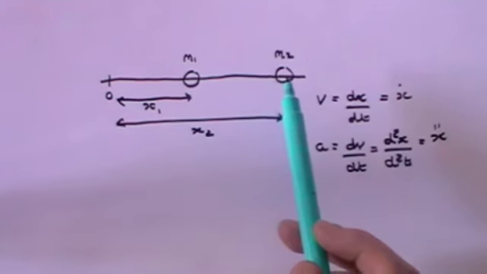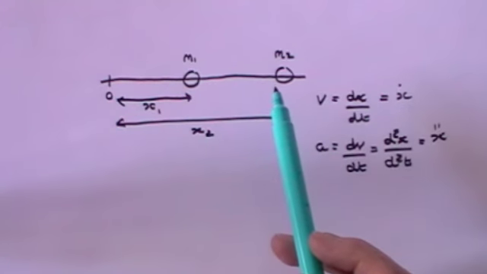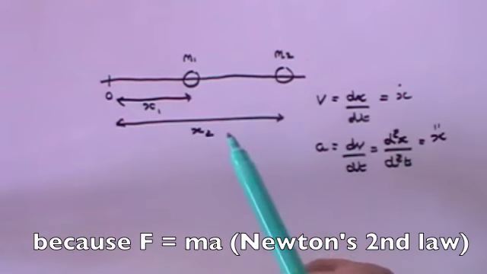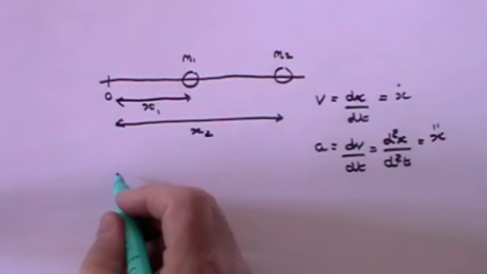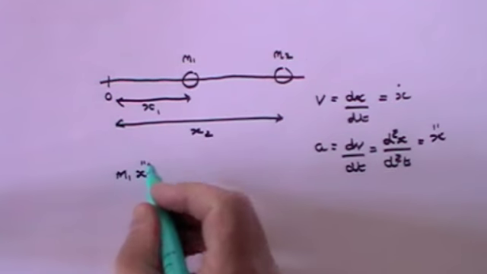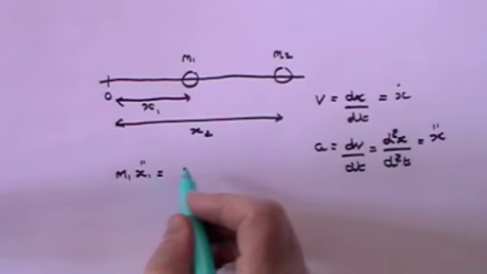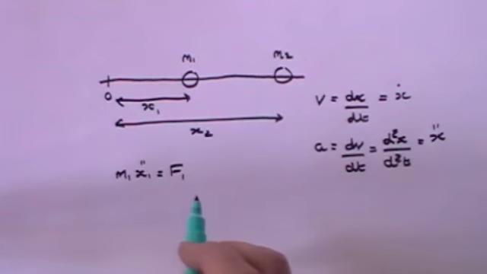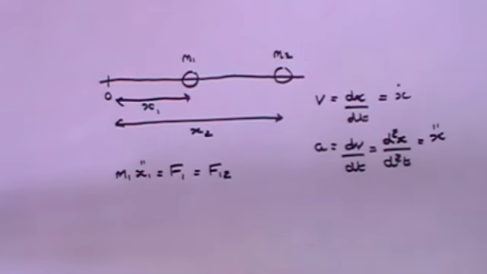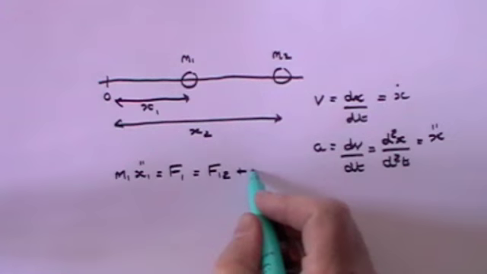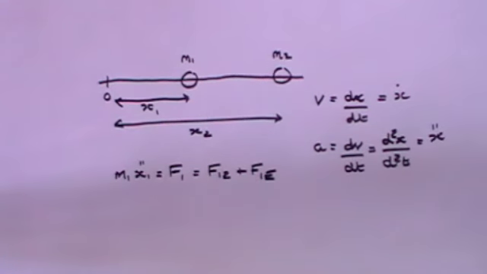Now, if these masses are subject to forces, then they will accelerate. And we can say that with respect to the first mass, m1 times x1 double dot is equal to the force on mass 1. And that is equal to the force on mass 1 by the object mass 2, in whatever way it is impacting, plus any external force acting on mass 1.